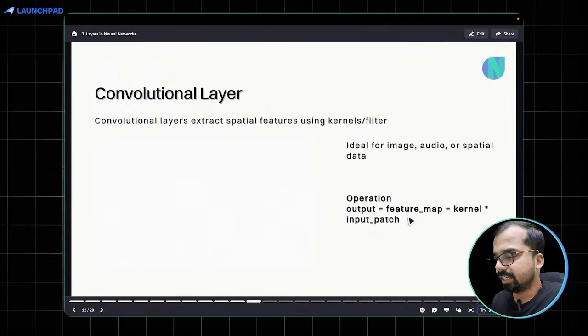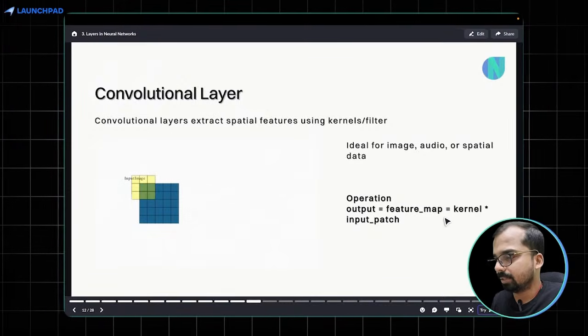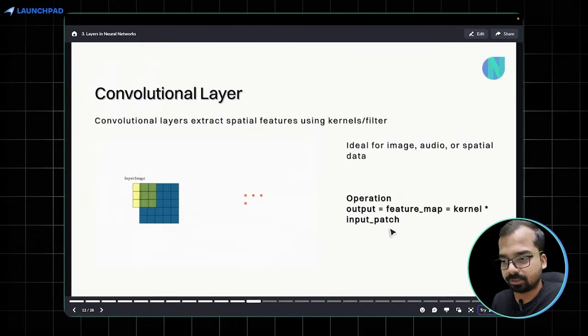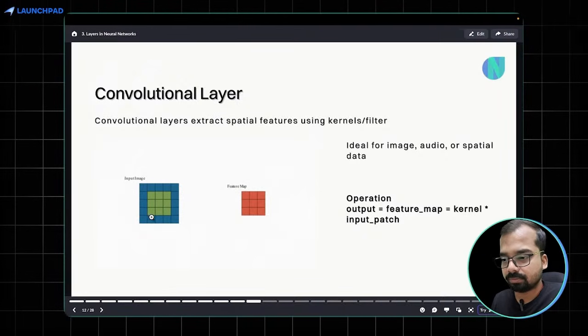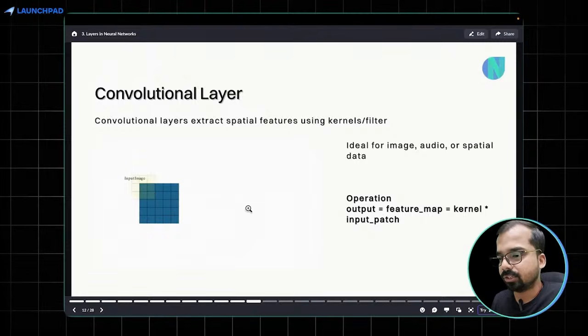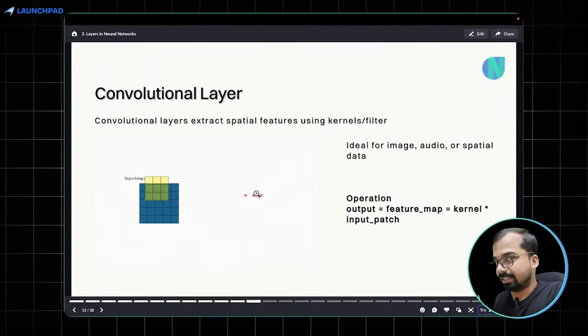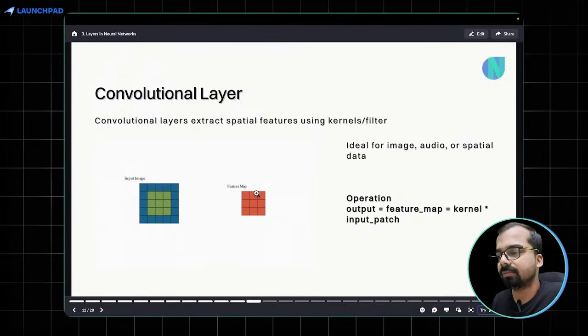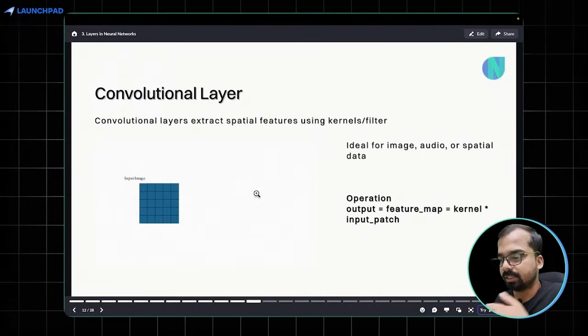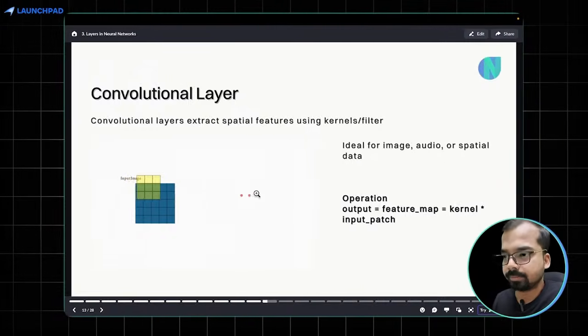The operation here is that the kernel is applied to the input patch. Every patch of this image has the kernel applied, and you get some feature extracted. When we study convolutional neural networks in detail, we'll be able to explain this in much more depth.